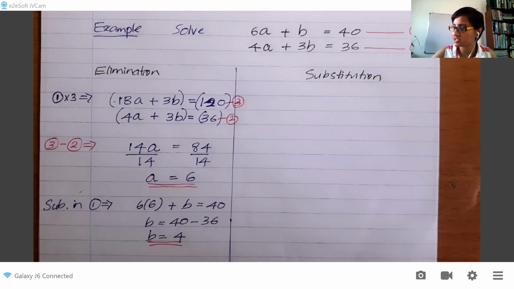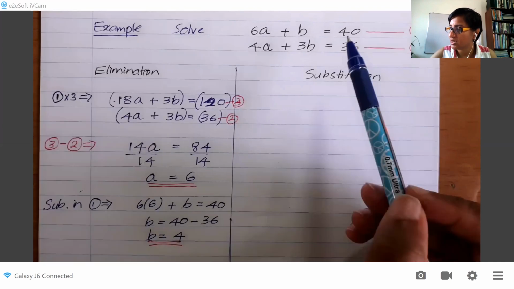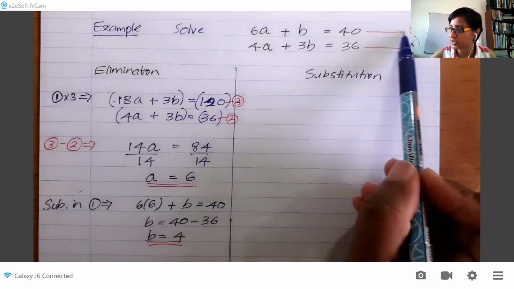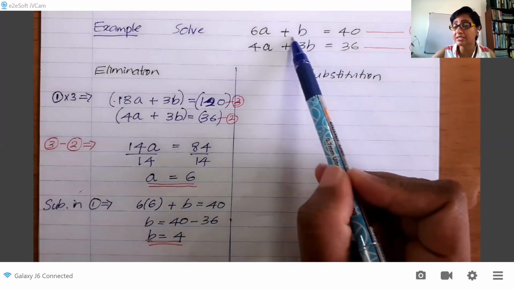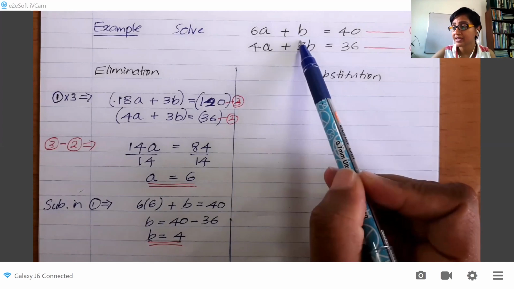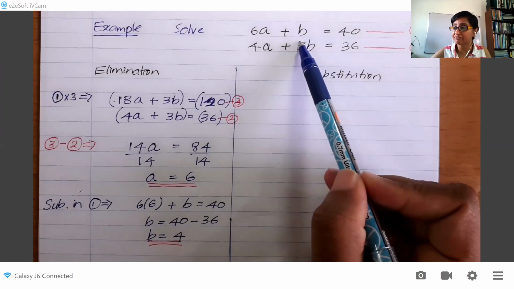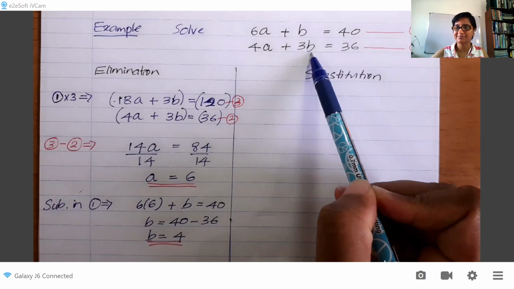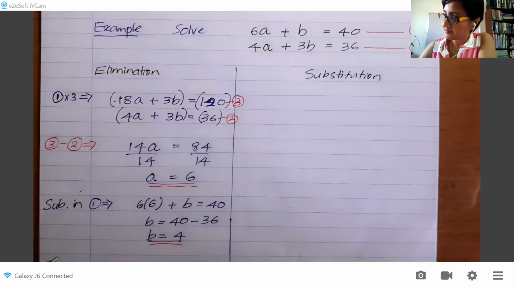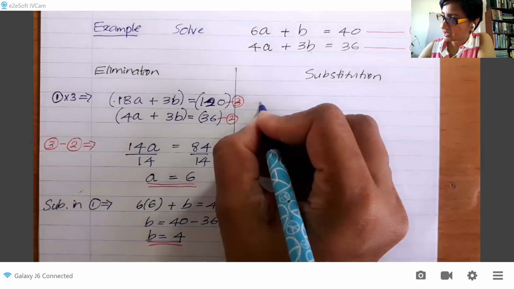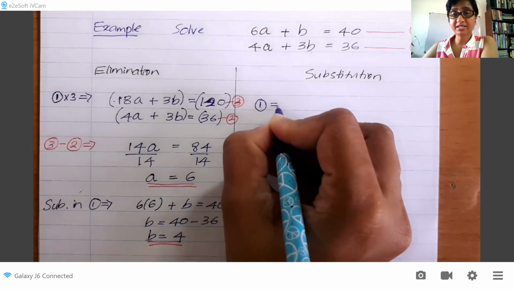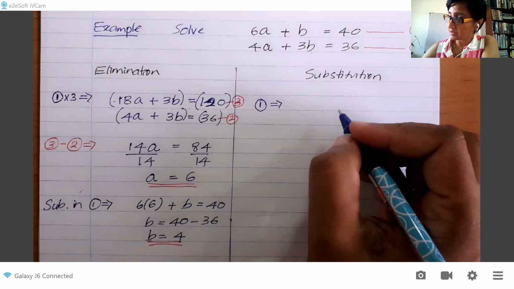In the substitution method, in this first equation, you can find what B is in terms of A, and then substitute that for B in the second equation, right? So I take the first equation and make B the subject.